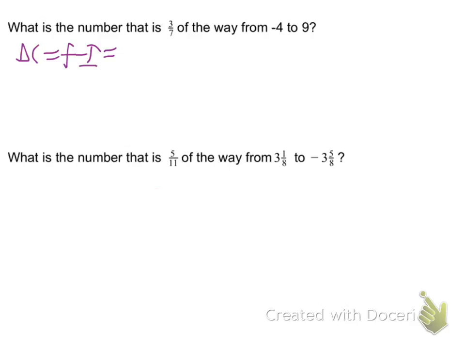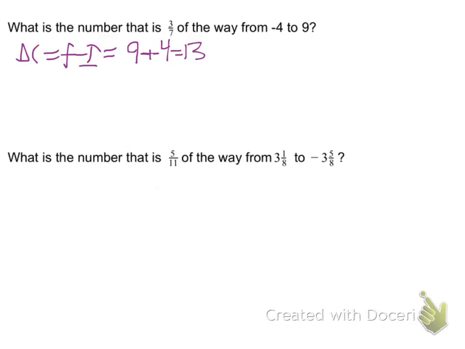The change will be what? Positive, because my final point is 9, where I'm stopping, minus where I started, which is a negative 4. When you subtract a negative, you are adding. So we know that the change overall will be 13.